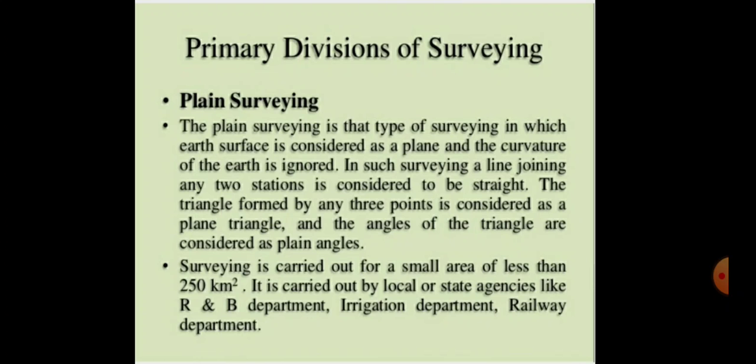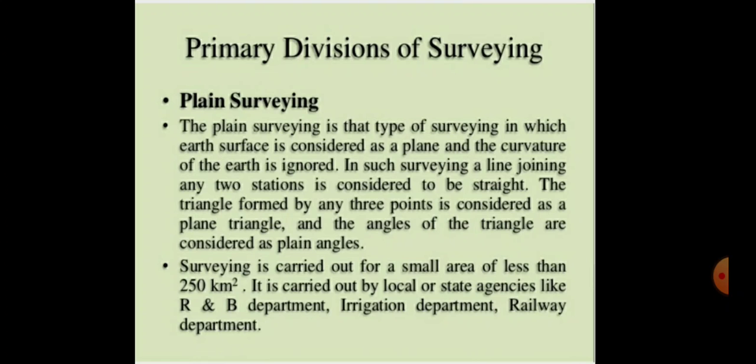So this is all in plane surveying, and the surveying is carried out for a small area of less than 250 square kilometers. You should note that point: when the surveying is carried out for less than 250 square kilometers, we consider the points used for plane surveying.